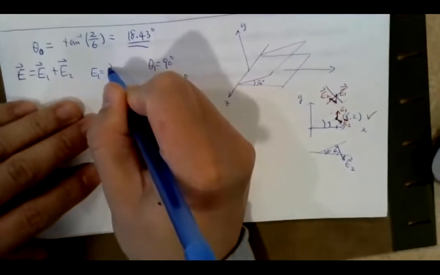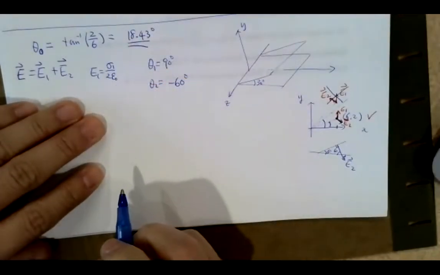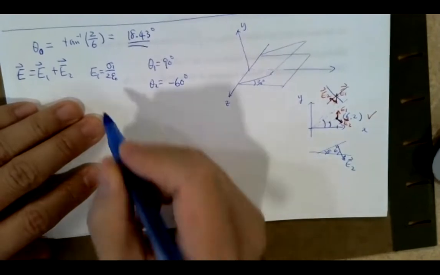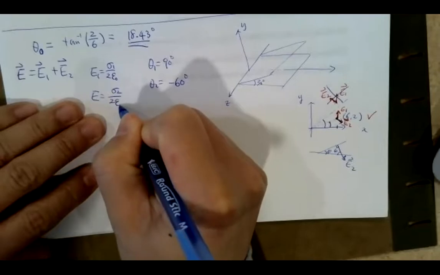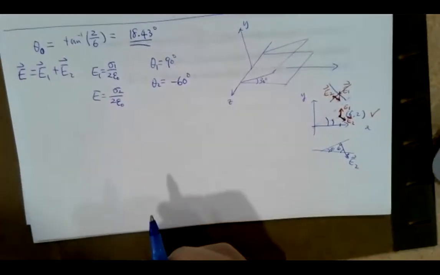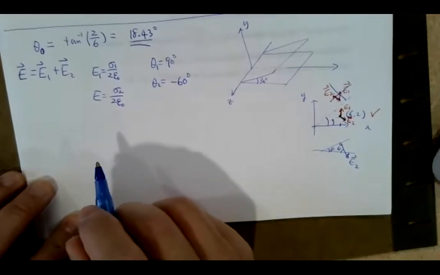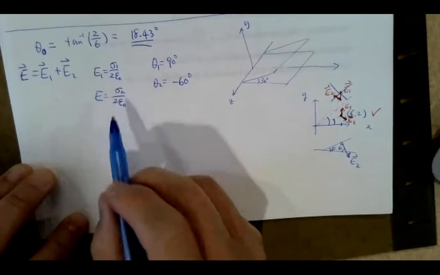And then for the magnitude, E1 should be equal to sigma 1 divided by 2 epsilon naught. We learned that from the previous slide. For E2, it should be sigma 2 divided by 2 epsilon 0. So you can calculate the magnitudes of E1 and E2.